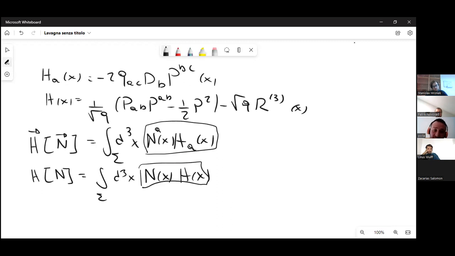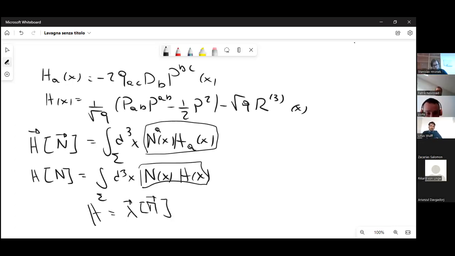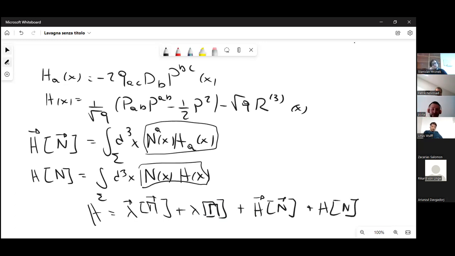So actually the total Hamiltonian can be written as lambda pi, with the same convention or notation, plus H_n plus H_n. Okay, so that's another way to write it.